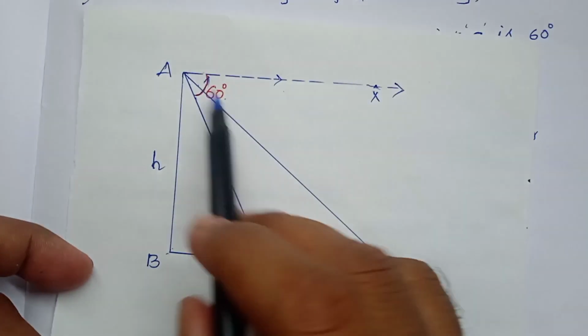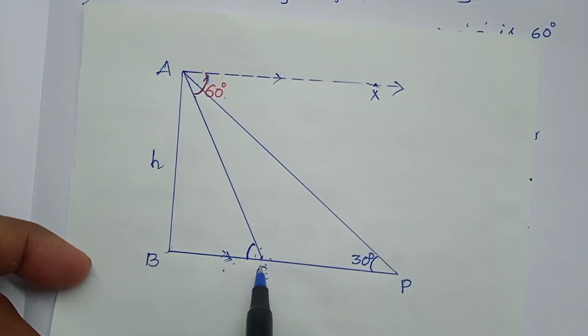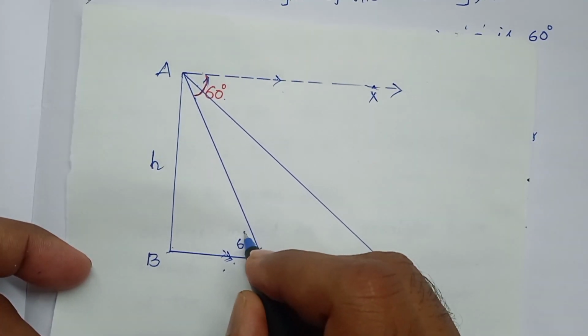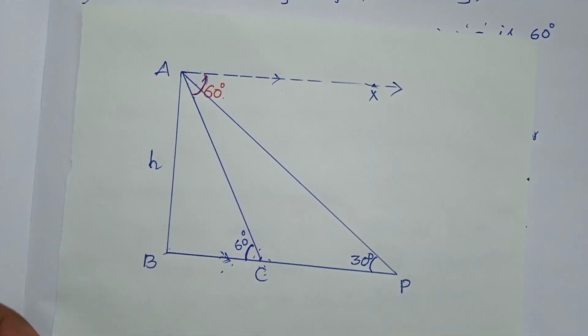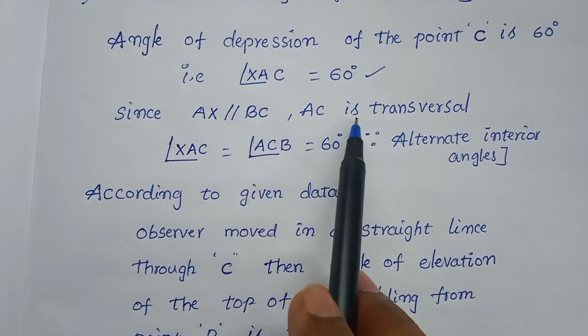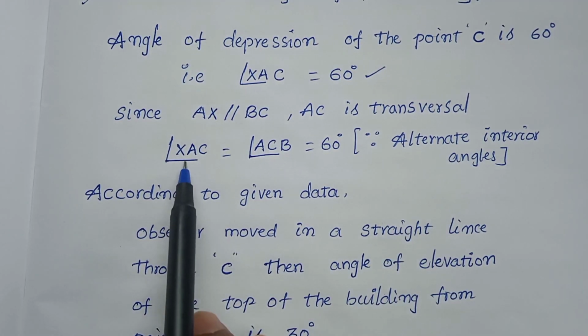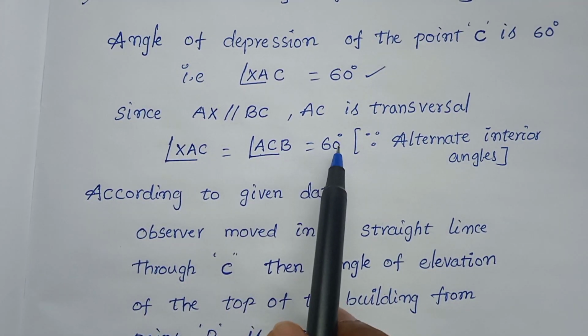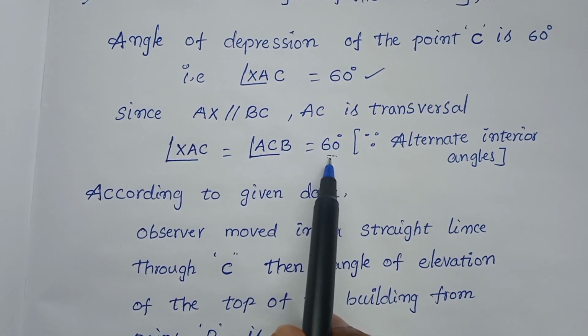That is, angle XAC is equal to angle BCA, because they are alternate interior angles. By this we can write, since AX is parallel to BC and AC is the transversal, both angle XAC and angle ACB are equal, that is equal to 60 degrees.